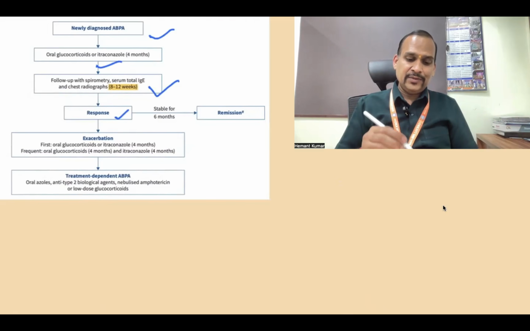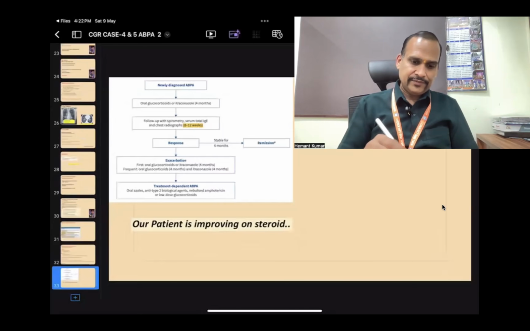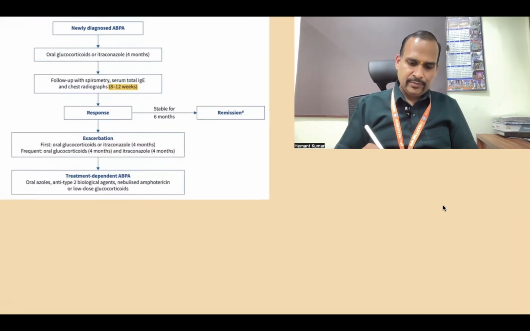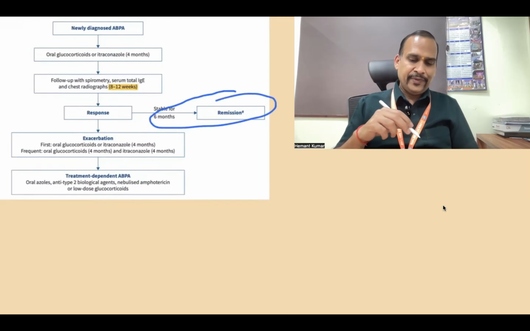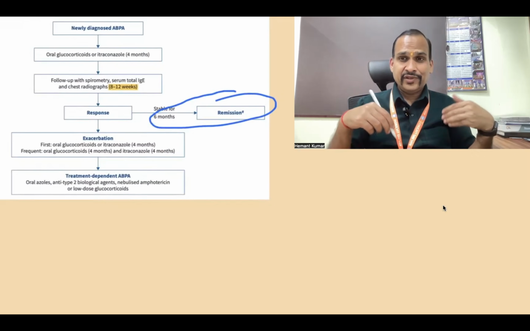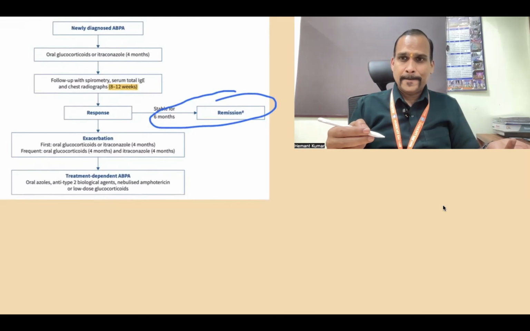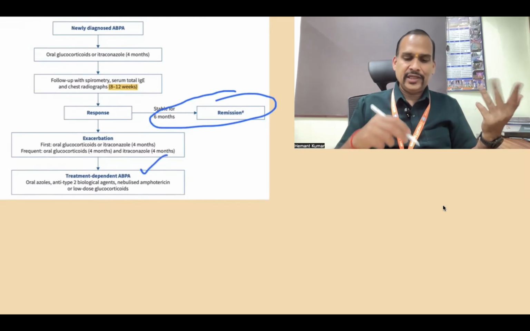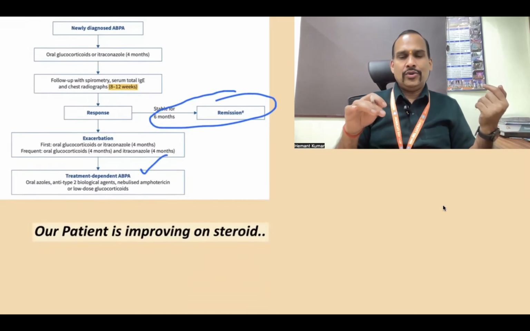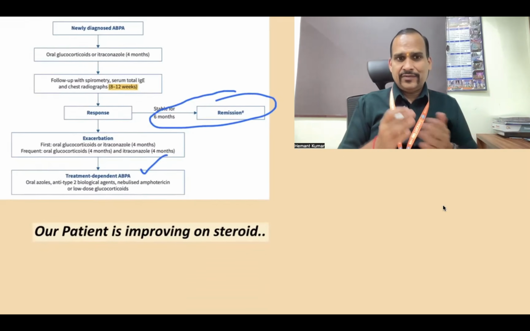If it is increased by more than 50%, then this is an exacerbation. If the patient is stable for 6 months, that is the remission phase. If the patient has an exacerbation within 3 months of stopping steroid two times, then this is treatment dependent ABPA. So this is how the guideline classifies ABPA.